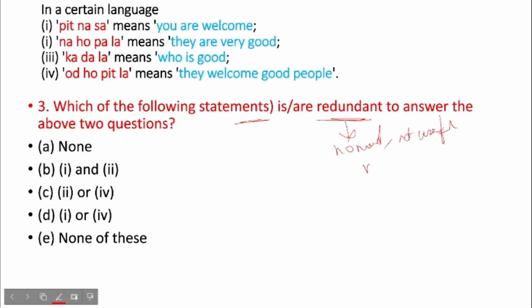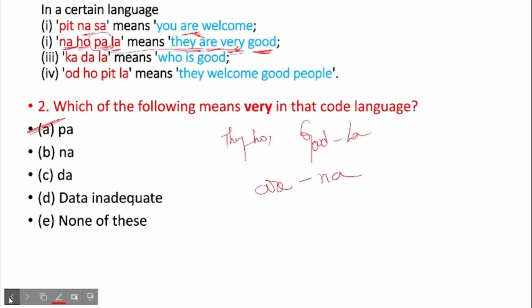If you see the previous questions, we haven't used the third statement here. Though the fourth statement was used in the previous question, we actually don't need the third statement.